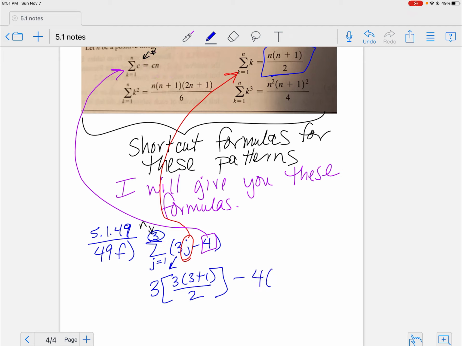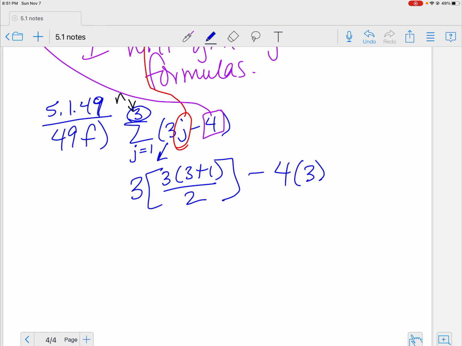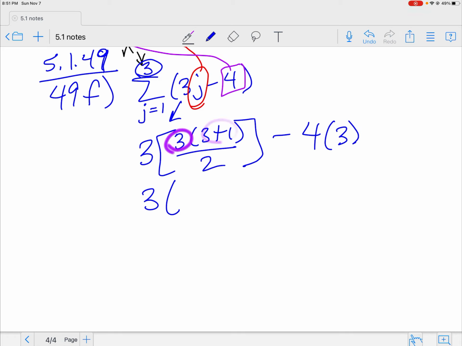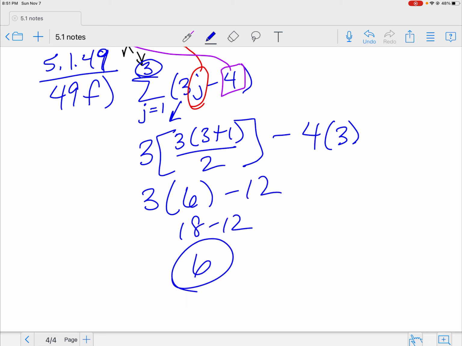So minus 4 times my n, which is a 3. And then you literally just do work. That's it. I'm going to make this bigger. So I've got 3 times 4 times 3 is 12 divided by 2, which is 6, minus 12. So 18 minus 12 is 6.